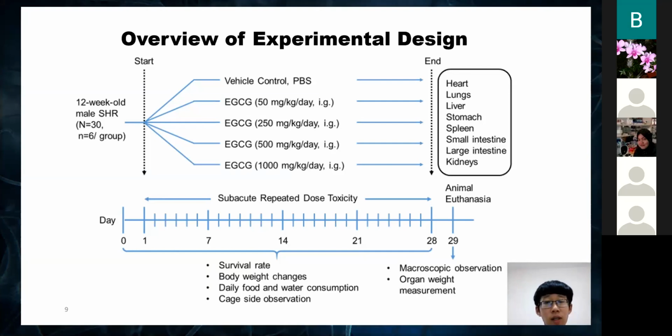Body weight changes, daily food and water consumption were recorded throughout the experiment period. Cage side observation was conducted for 30 minutes daily. At the end of the experiment, which is day 29, the animals were euthanized through excess inhalation of carbon dioxide. Thoracic and abdominal organs were observed for significant changes in size and external appearance.